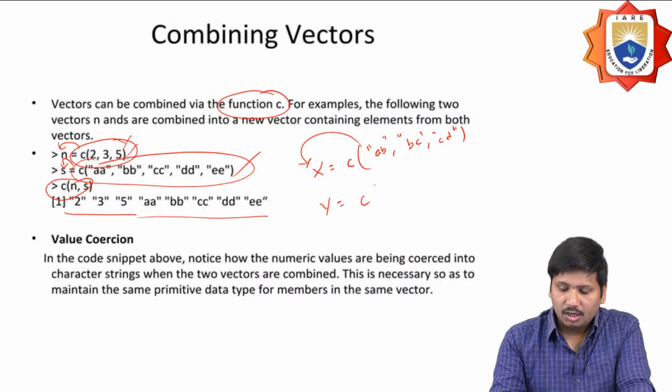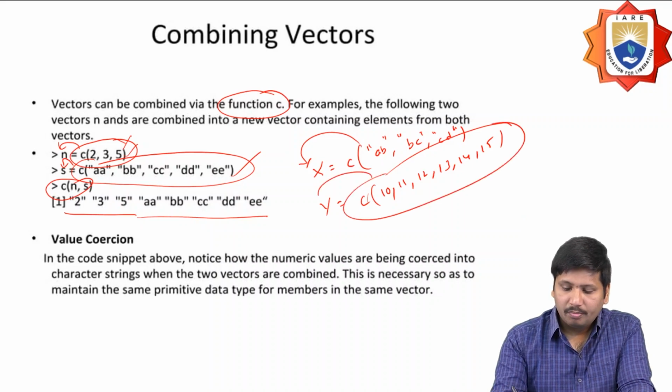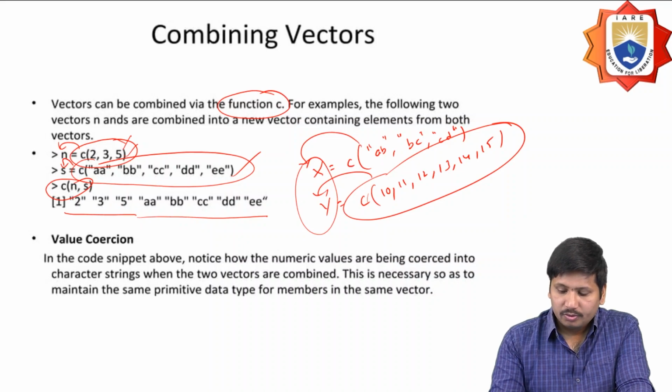So y is equal to another vector of 10, 11, 12, 13, 14, and 15. How can I combine these two vectors? By using the function c of x comma y. Once this is joined, I can join the y vector to the vector x.